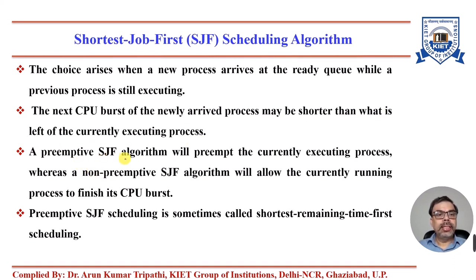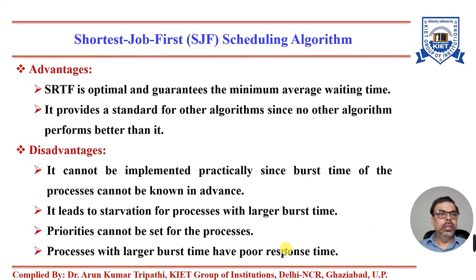A preemptive SJF algorithm will preempt the processor from the currently executing process and hand it over to the newly arrived process that has the lesser burst time. Preemptive SJF scheduling is sometimes also known as shortest remaining time first.